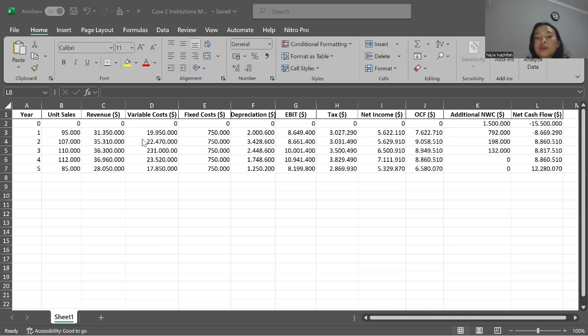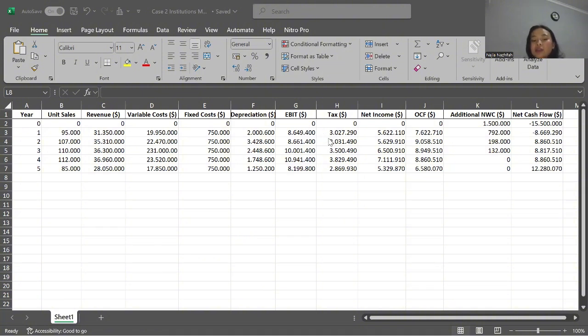We got $22,470,000. And depreciation is 14 million times 24.49%. We got $3,428,600. And EBIT is revenue minus variable cost minus fixed cost and minus depreciation. We got $8,661,400.